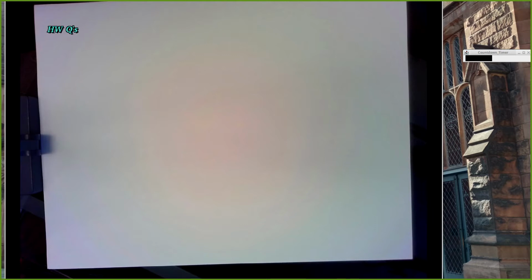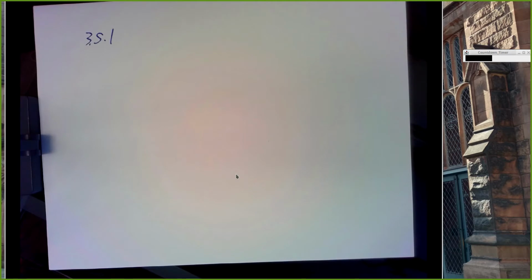Oh man, I'm getting super laggy. So I've got everything closed that I can possibly close. So let me go to my super low res.